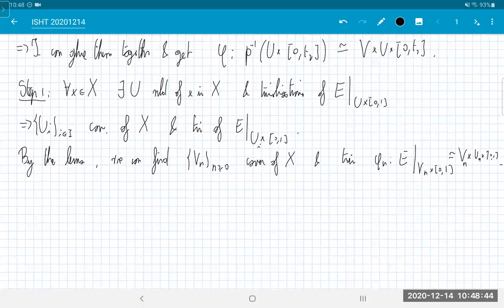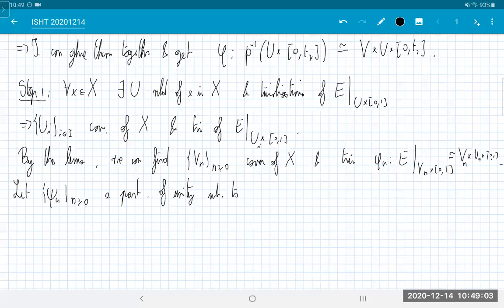Okay. Now, let psi_n be a partition of unity subordinate to this cover, and let capital Psi_n be just psi_0 plus up to psi_n.